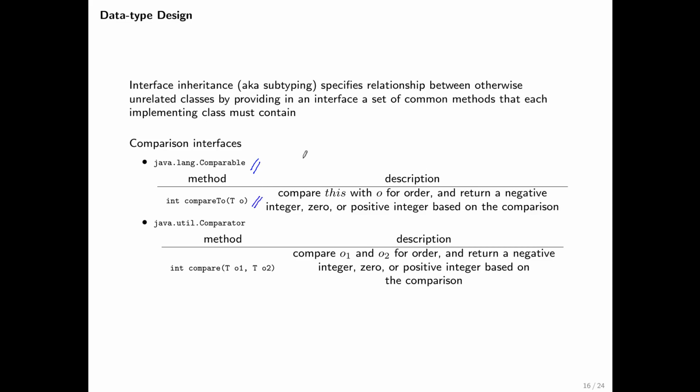But what if your data type has several instance variables that you would like to use when you compare objects of your data type? For example, you might have a Student data type that you want to be comparable, but the Student data type might have several instance variables, for example a name, a GPA, and other things such as email, and so on.